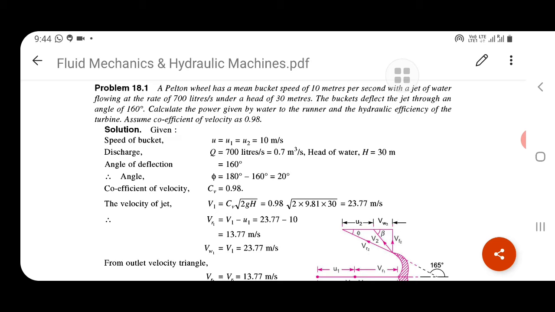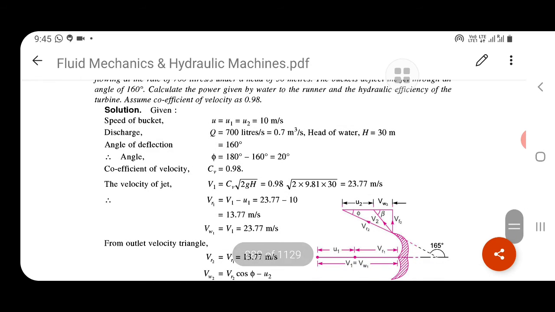When the angle is given as 160 degrees, phi is equal to 180 minus 160, that is 20 degrees. Cv is equal to 0.98. So V1 is equal to Cv under root 2gH, that is 0.98 into 2 into 9.81 into 30 under root, that is 23.77.